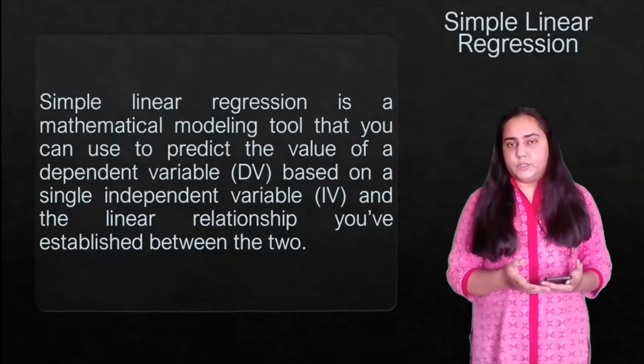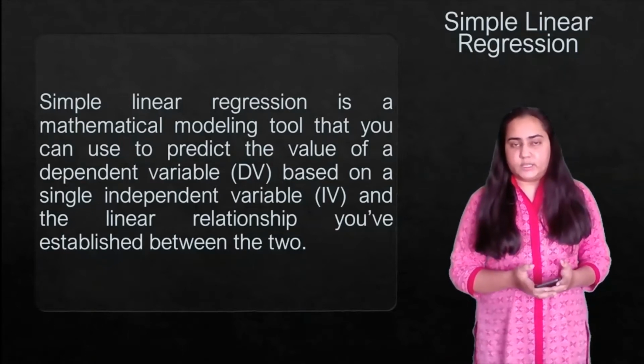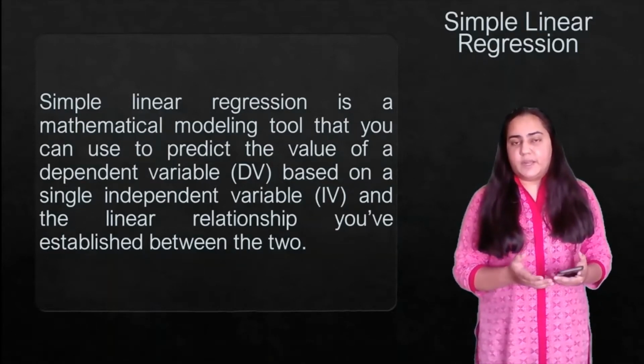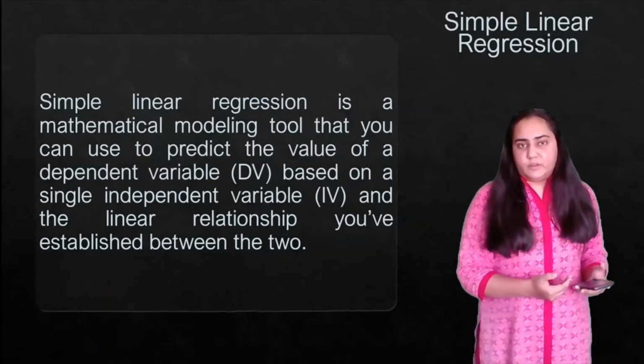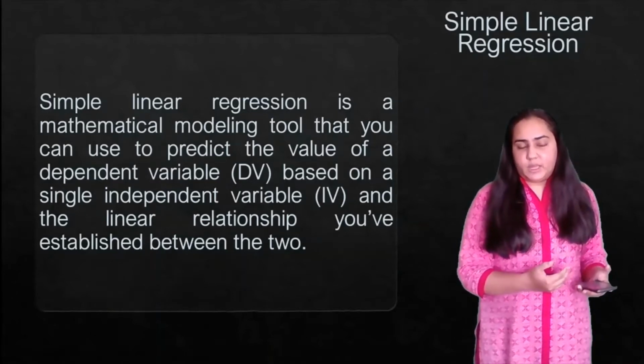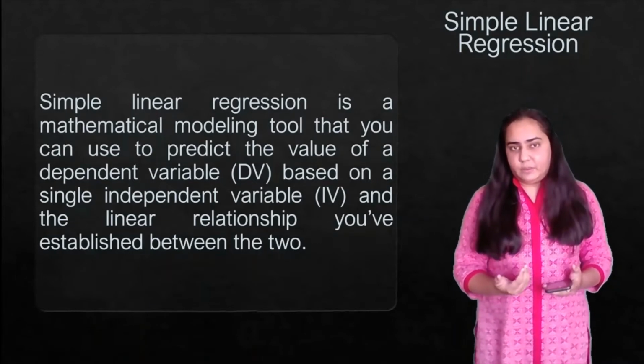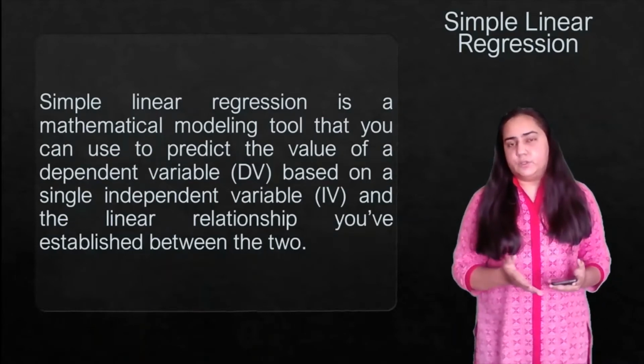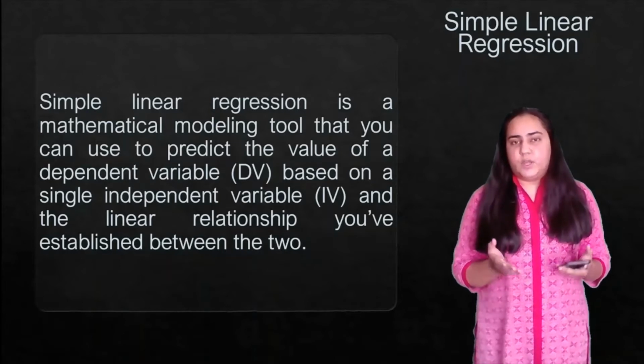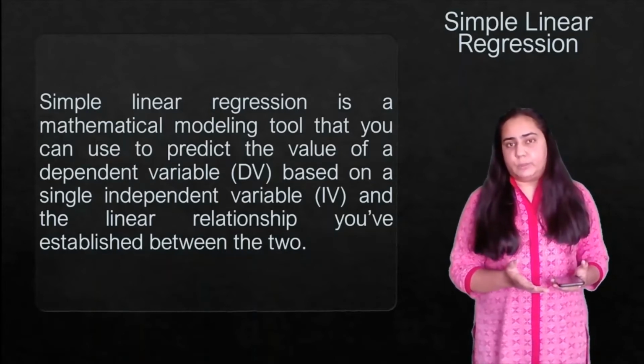So simple linear regression is all about finding out how one dependent variable, that is DV, is related to another independent variable, IV, and finding the linear relationship between them and trying to find how strong that relationship is.